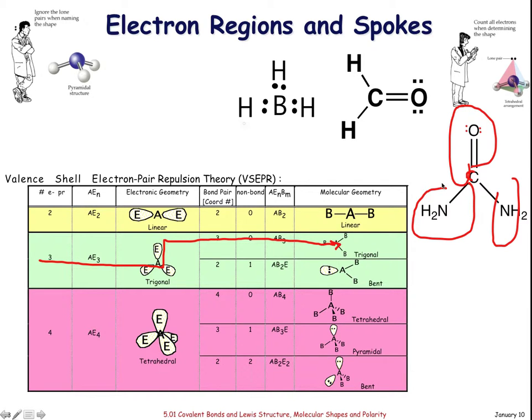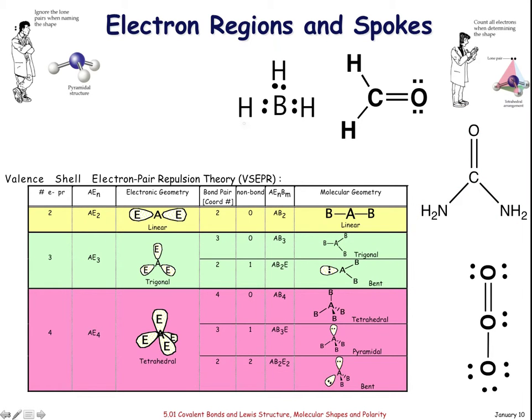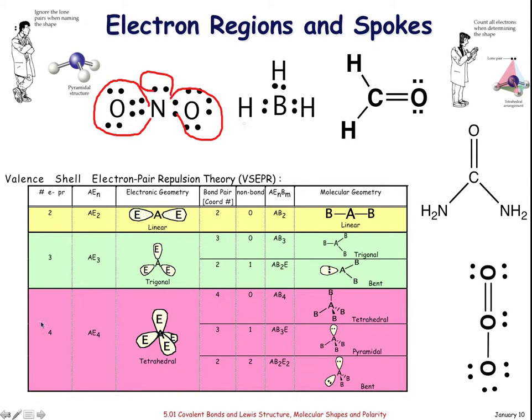The molecular geometry of urea is trigonal planar. We already did ozone. Let's take a look at this one. This chemical is NO2. Three regions of electron density. 1, 2, 3. We are here. Two bonded atoms, one lone pair. This structure, like ozone, is also bent.